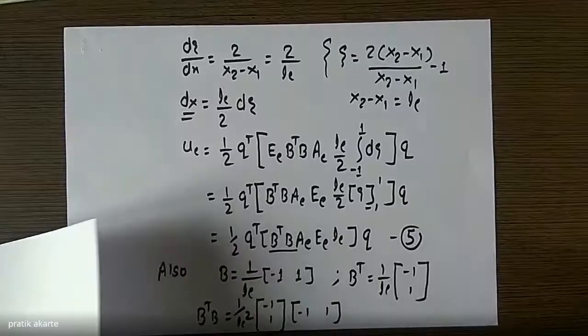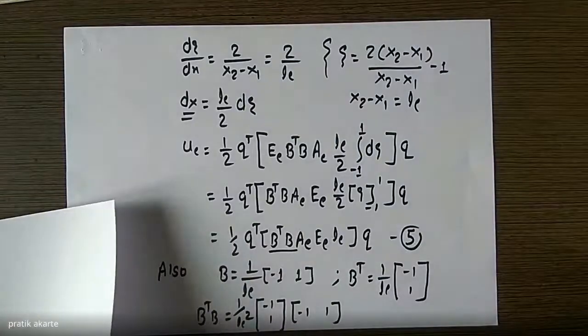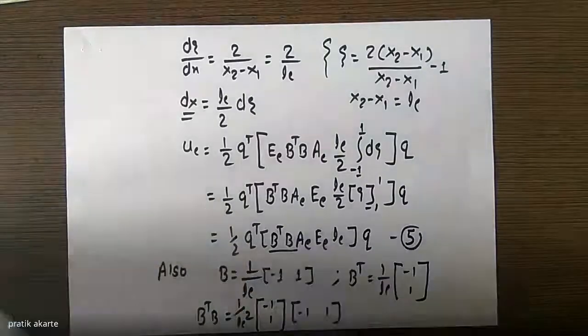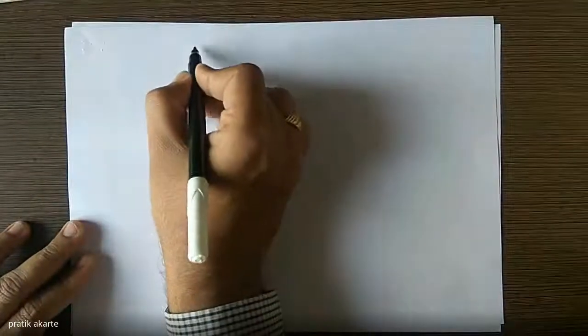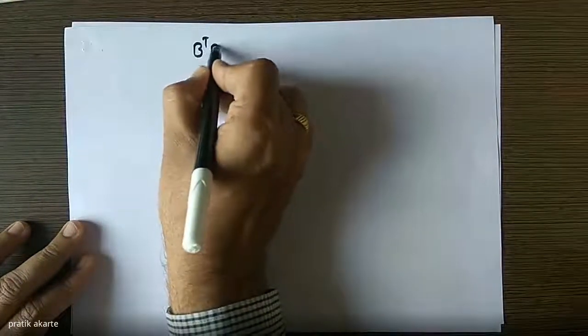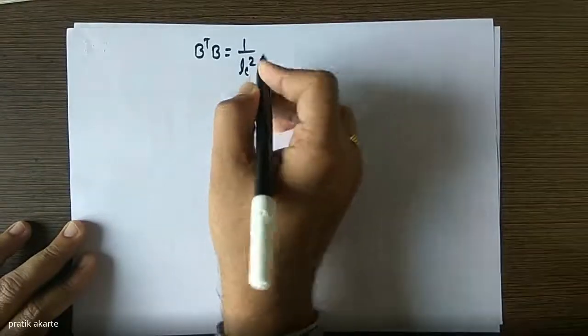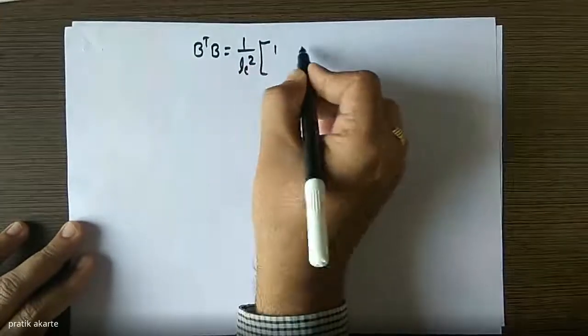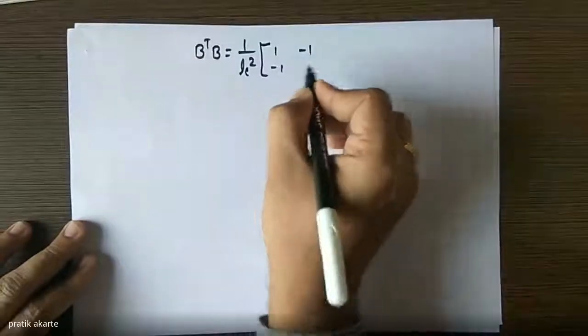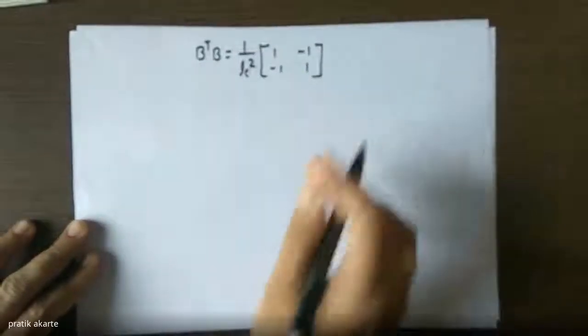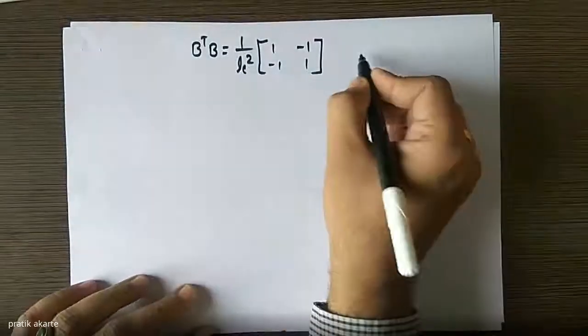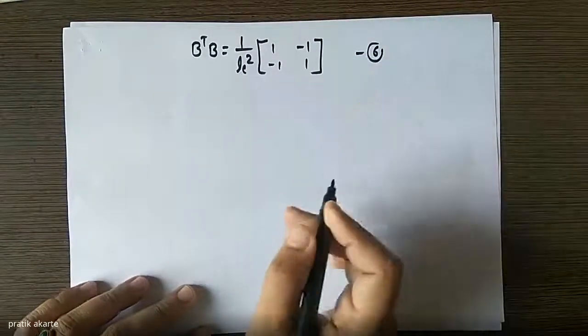Further, after solving this and writing it in matrix form, I can write the same equation as B transpose into B as half Le square, 1 minus 1, minus 1, 1. This is my equation number 6.